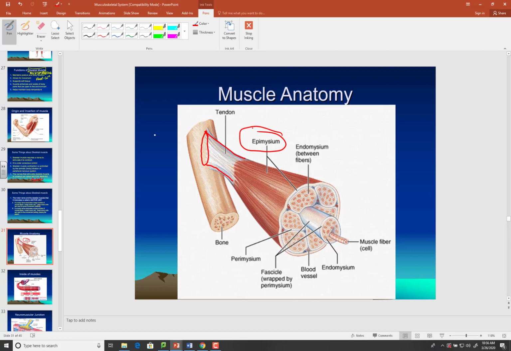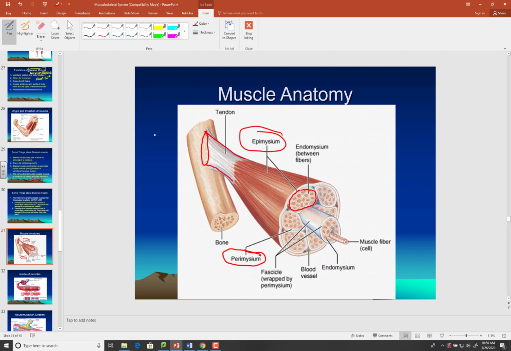Now, as you can see, you have a group of muscle cells. And these groups of muscle cells are then wrapped in another saran wrap, and that's called the perimysium. So the perimysium takes small groups of muscle cells and wraps them together.